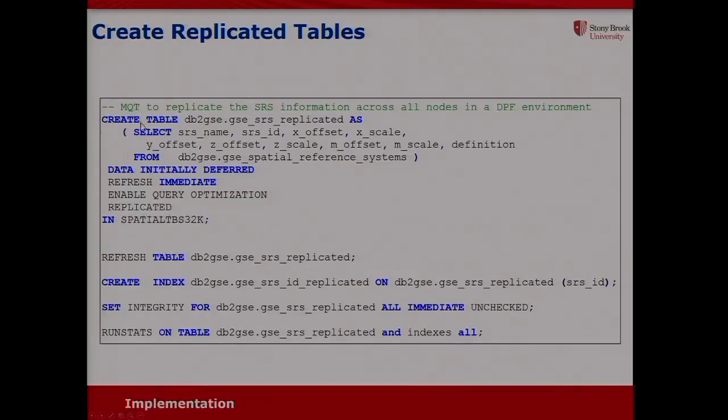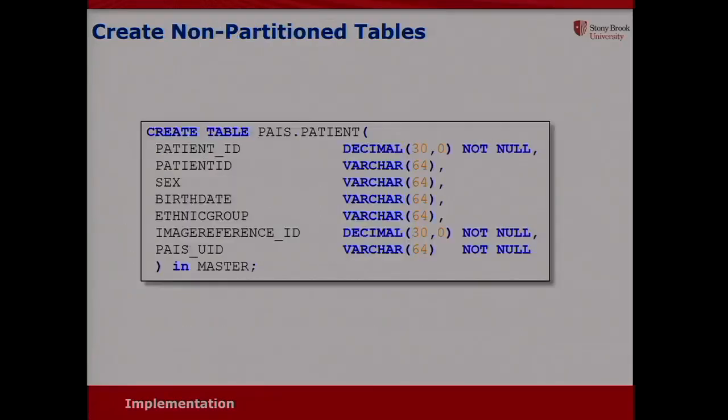That means everything for this specific table is automatically synchronized across all the nodes and all the partitions. So that's for replicated tables. We can also create a non-partitioned table. If you create a table in a table space using a single partition, then that's it. There's no parallelization anymore.